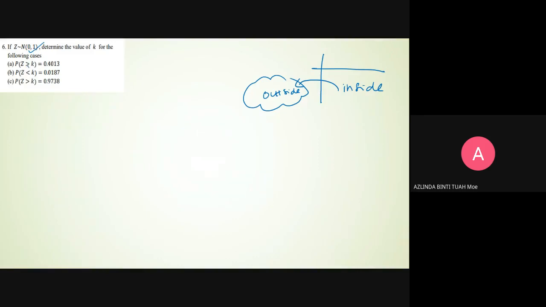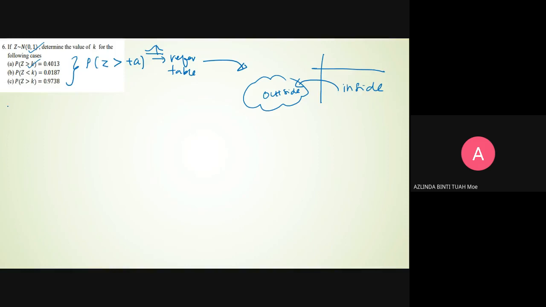Step kedua dia dah bagi dalam bentuk Z. Step ketiga pun dah settle. Okay, so sekarang skill dia kena tengok condition to use table of normal, which is this one. Kalau condition ini sudah ditepati oleh soalan tersebut, boleh terus refer table. Yang mana kita akan buat dalam baca jawapan di luar, di bahagian kiri lah, kolom sebelah kiri. Sekiranya condition ini tidak dipenuhi oleh soalan, so kamu kena buat bell shape dulu, baru boleh tengok table.